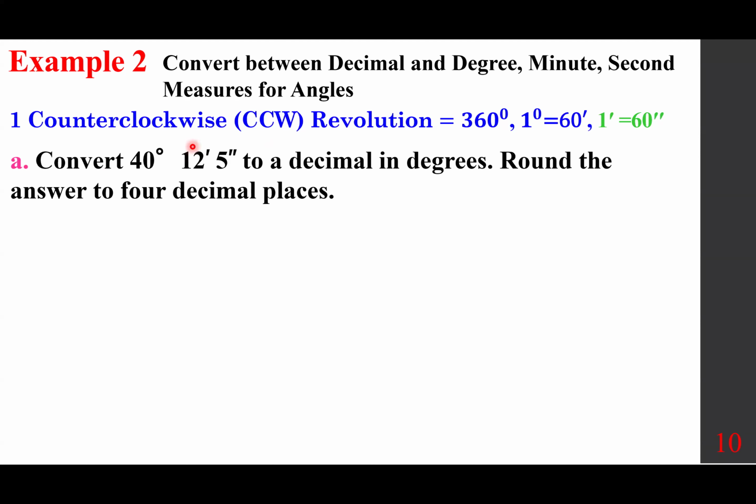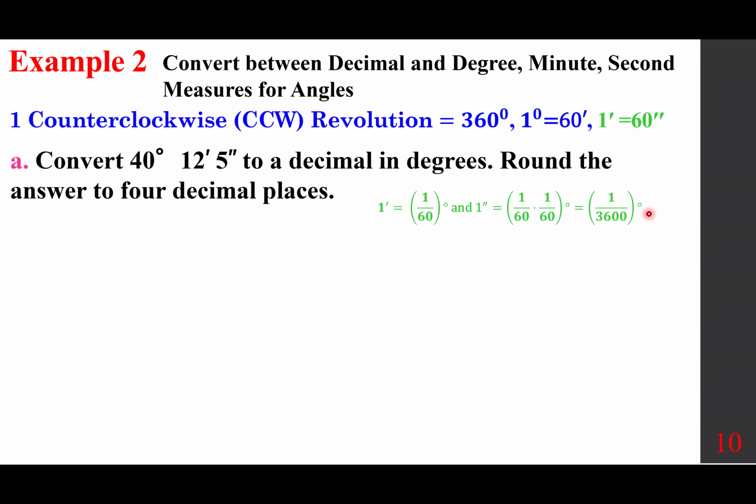So when we talk about minutes, 1 degree is 60 minutes. So 1 minute is 1 over 60. And 1 second is 1 over 60 times 1 over 60, or 1 over 3600. So we should know this. As a result of this definition, 1 minute is 1 over 60 degrees, and 1 second is 1 over 3600 degrees.